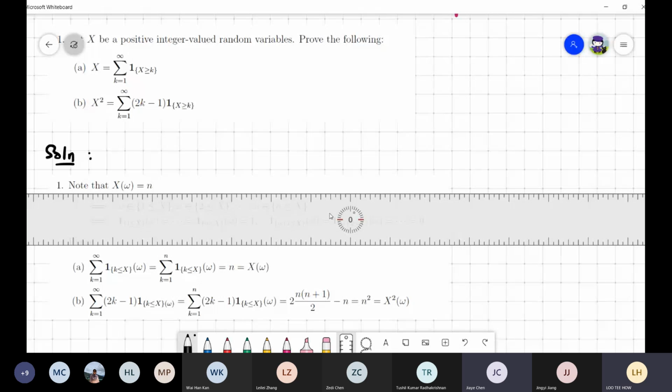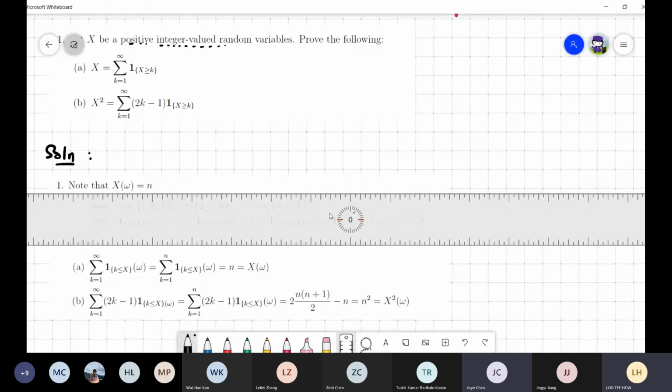Please note that X is an integer-valued, positive integer random variable, so the value of X will be 1, 2, 3, 4, 5, and so on. That means X of omega will be an integer.